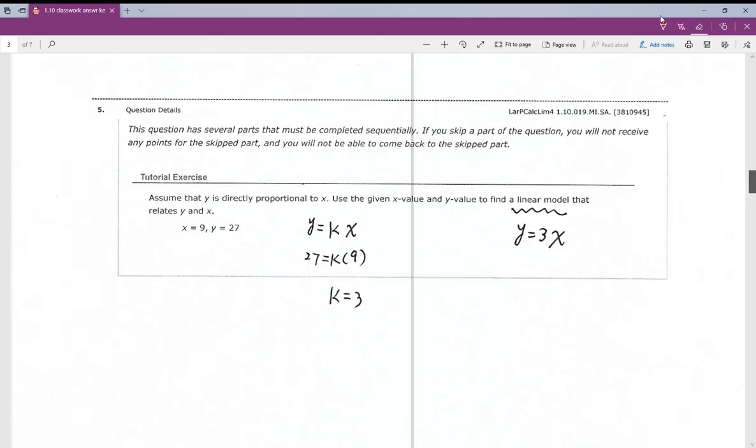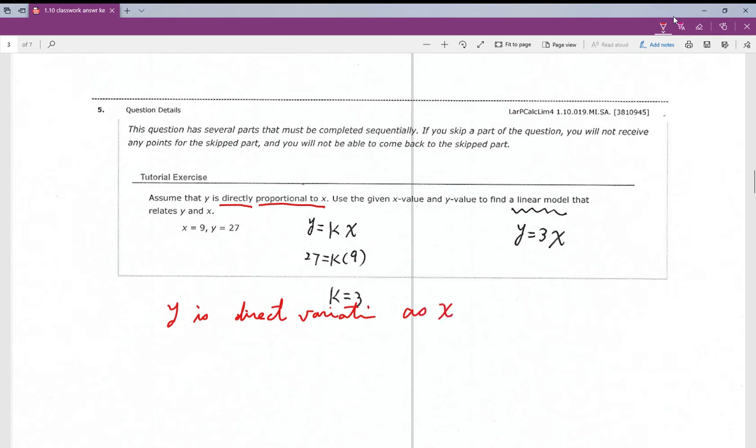Number 5. I would like you to pay attention to the reading. Assume that y is directly proportional. Another way to say it is y is direct variation as x.